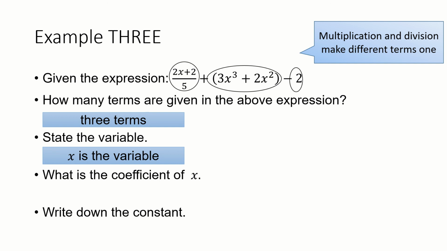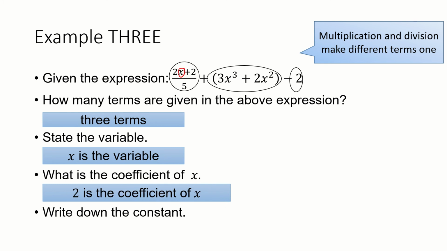What is the coefficient of x? As I've said, guys, be careful, don't be confused. There's a difference between x and x cubed and x squared. Here is x here. The coefficient of x will simply be 2. A number multiplied with x is 2.